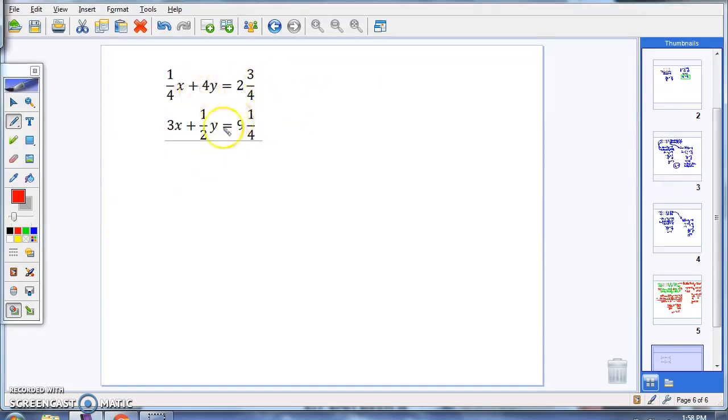But I think we can actually get rid of them. If you look carefully, these are all fourths and a half. So I'm going to make these mixed numbers improper fractions. So that's 1/4 x plus 4y is equal to 11/4, and then this one becomes 3x plus 1/2 y is equal to 37/4.